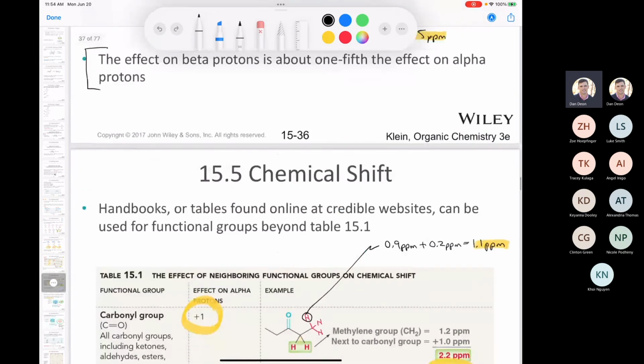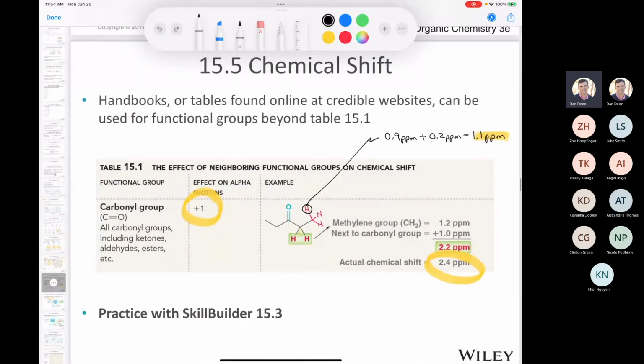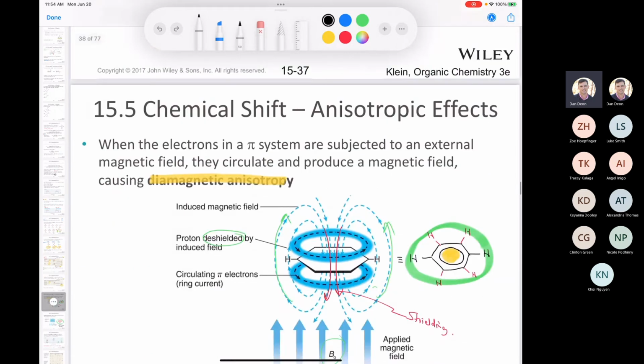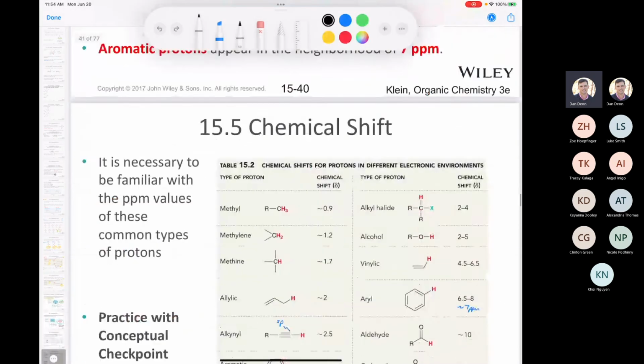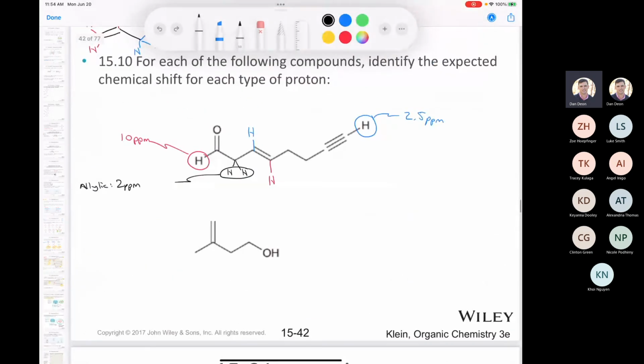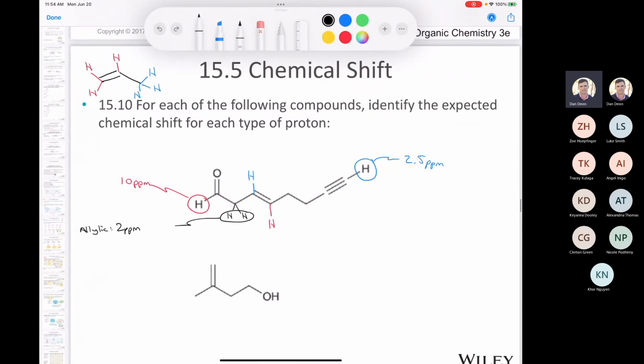Where was I? Before diamagnetic anisotropy. And we said if the protons are alpha to a carbonyl, then you add 1 part per million because of the de-shielding effect of the carbonyl. So now our allylic protons have a chemical shift of 2 parts per million, but we're going to add 1 to it, and we end up with 3 parts per million.